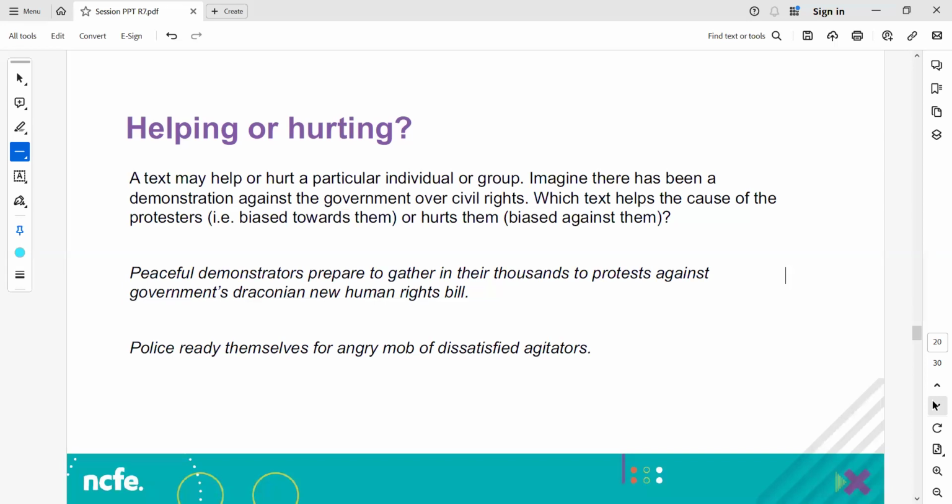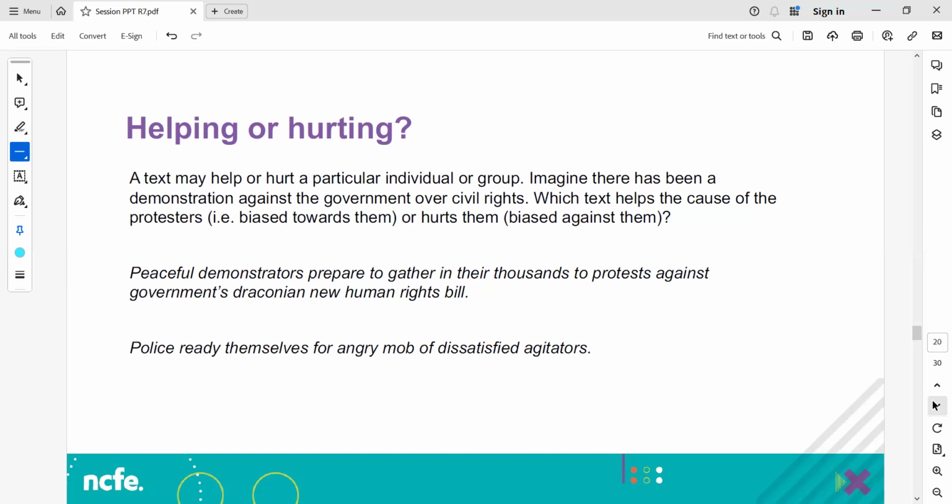The first. Good. So the first sentence helps the cause because it describes the demonstrators as peaceful. They are protesting against a draconian human rights bill.